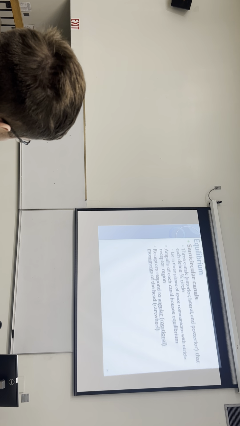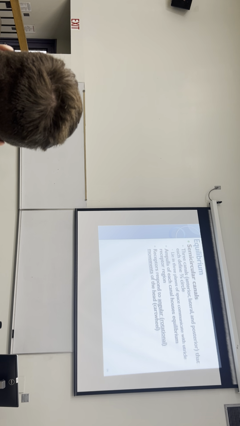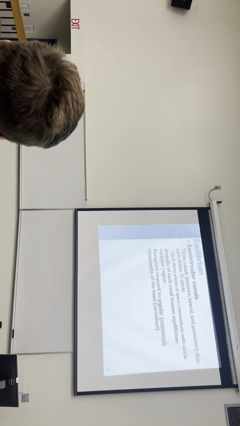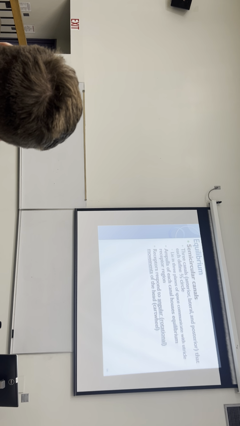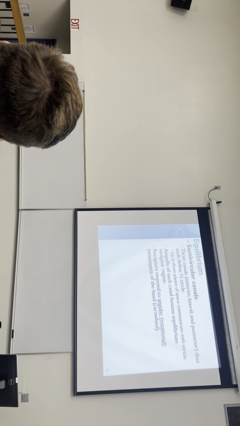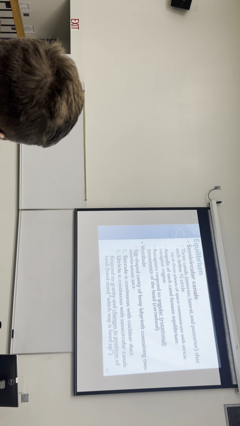So if you were doing a cartwheel, during those movements, it's the semicircular canals which send information to the brain about where in the air the body and the head are. While the vestibule, the other one, is for gravitational equilibrium.